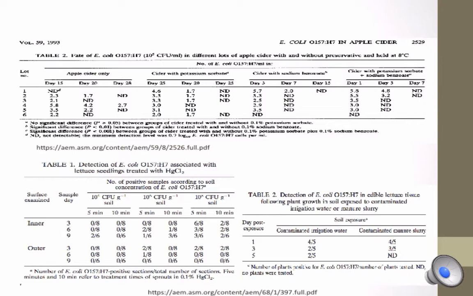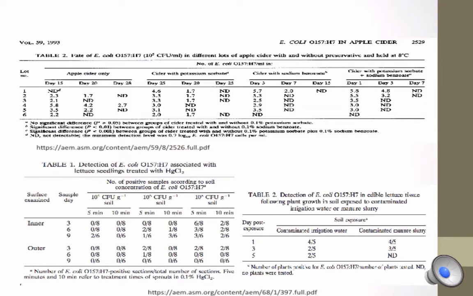This is simply just a table to kind of give you an idea of how contaminated irrigation water that you might see being applied to the plant itself can further populate and penetrate into the actual inner portion of the lettuce.